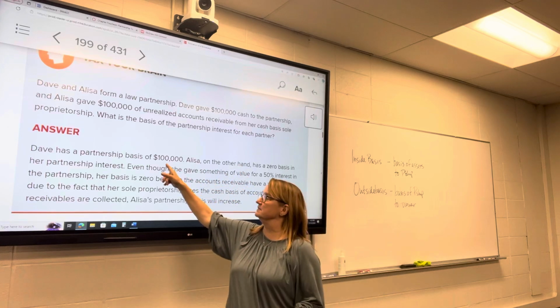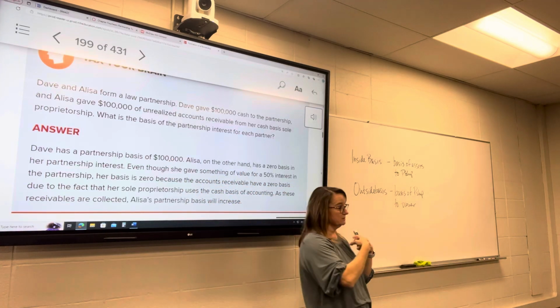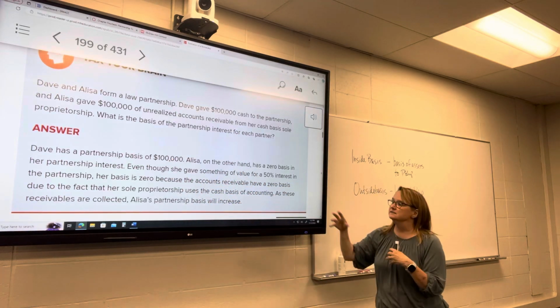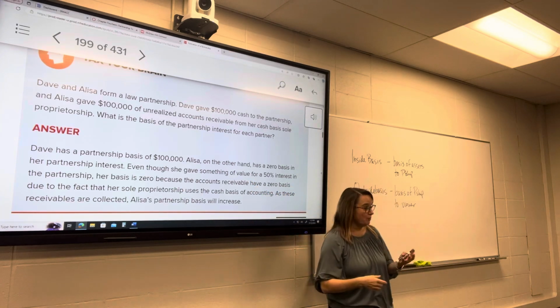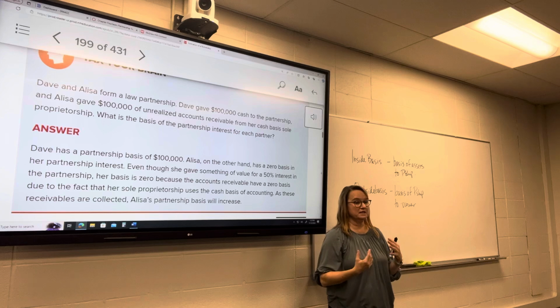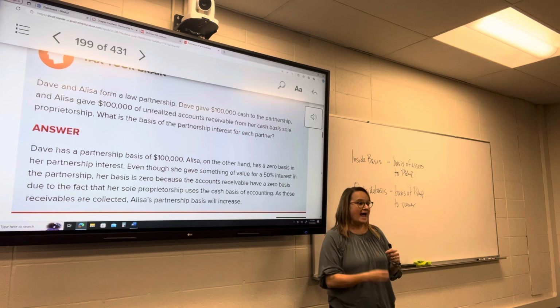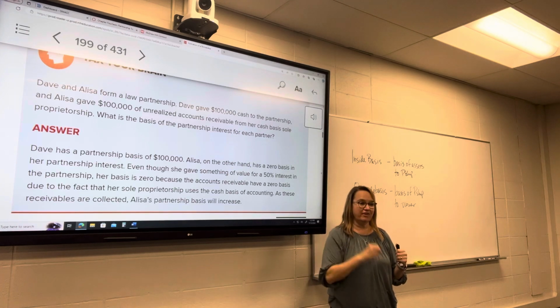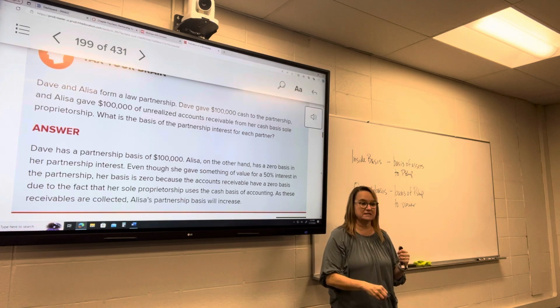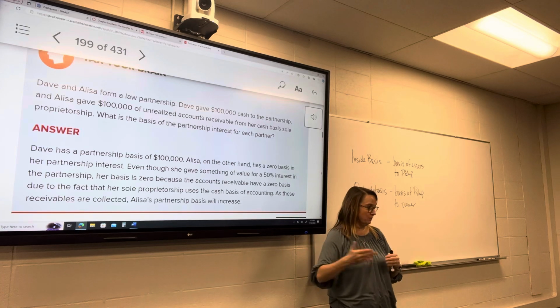Dave's partnership basis, even though they're 50-50 partners, right? Dave's partnership basis is $100,000. Alyssa has a zero basis right now though, because that accounts receivable has a zero basis right now. As the funds are collected on those accounts receivable, that will increase her basis. It's as though she made a contribution to the partnership, right?